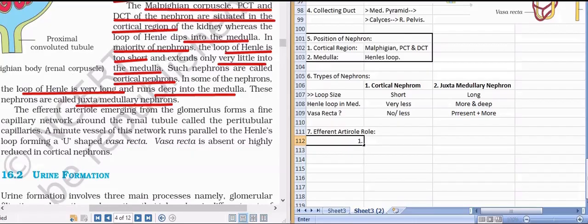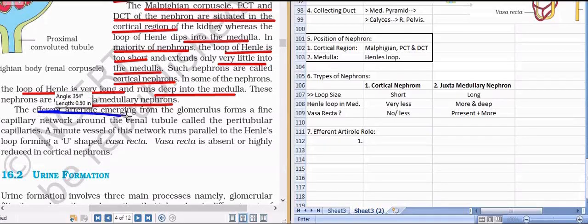The efferent arteriole emerges from the glomerulus and forms a fine capillary network around the renal tubule, called peritubular capillaries. So this is the concept. First one is peritubular.